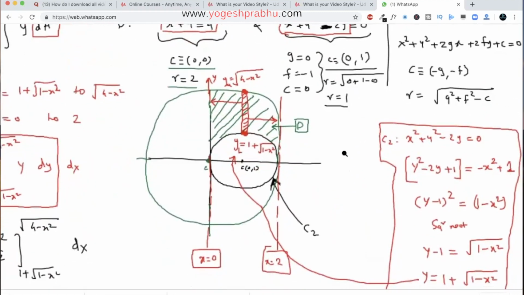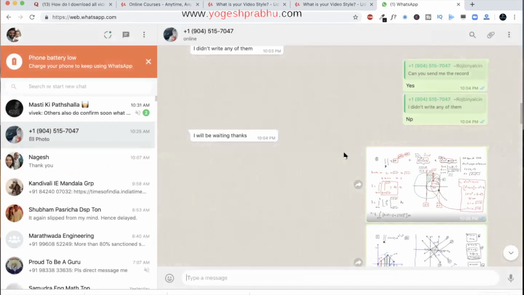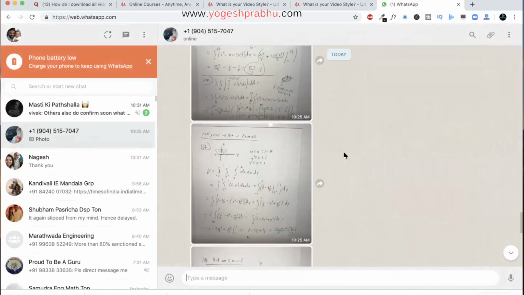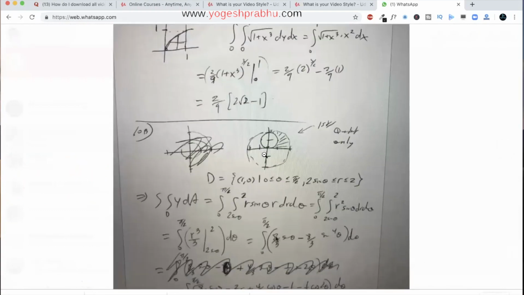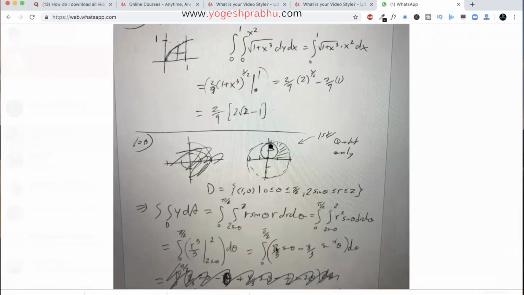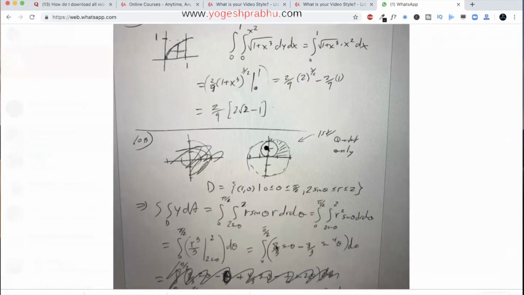Same method. But that one looks very different. Let me see. I couldn't understand. See that? Bigger circle and a smaller circle.